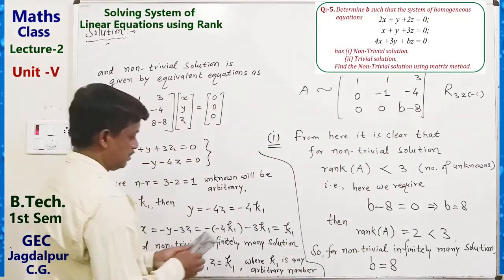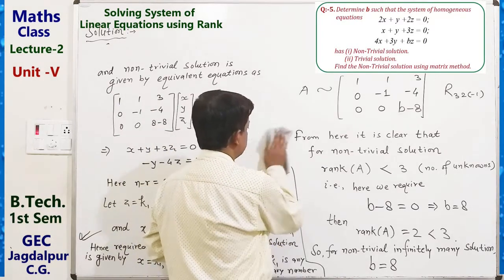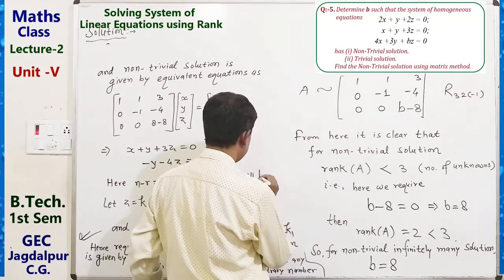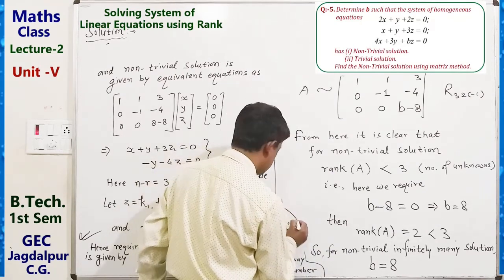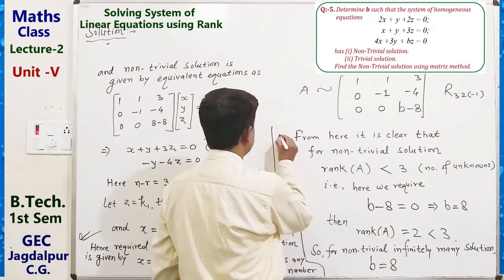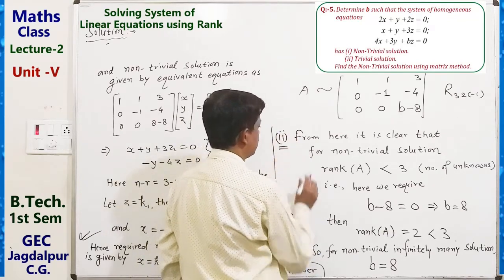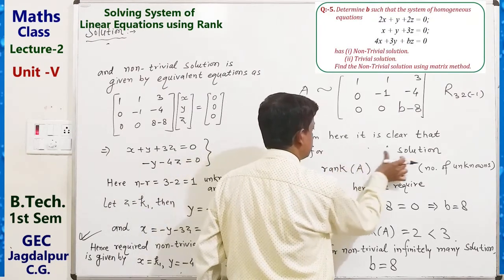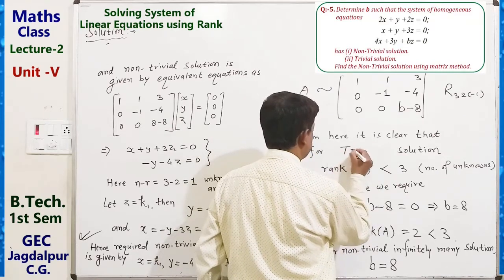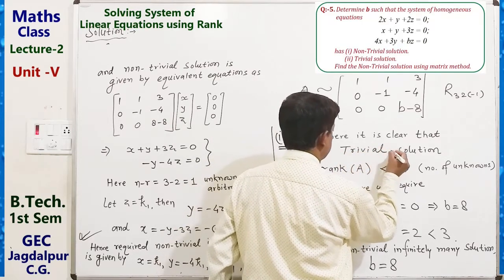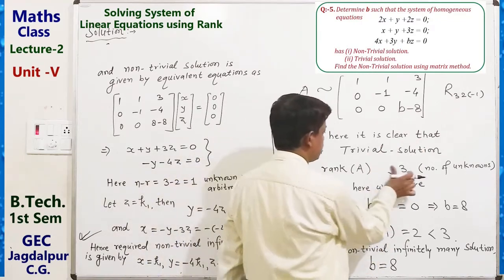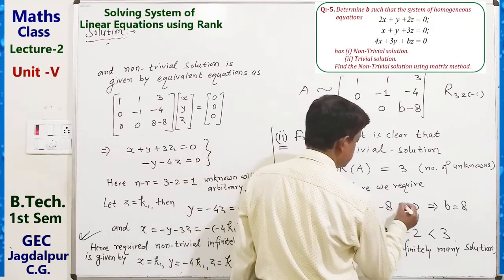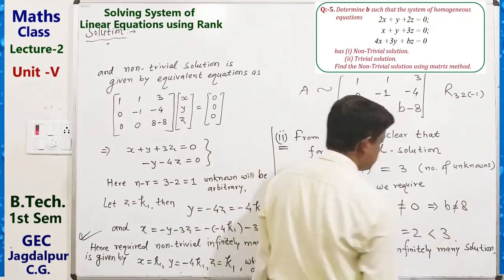So second, for the trivial solution, rank should be equal to 3. That is, here we require B minus 8 is not equal to 0, that is, B is not equal to 8.